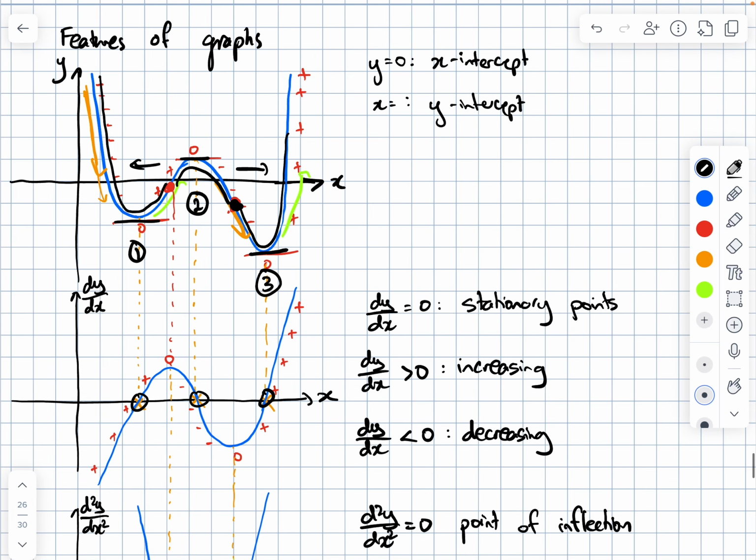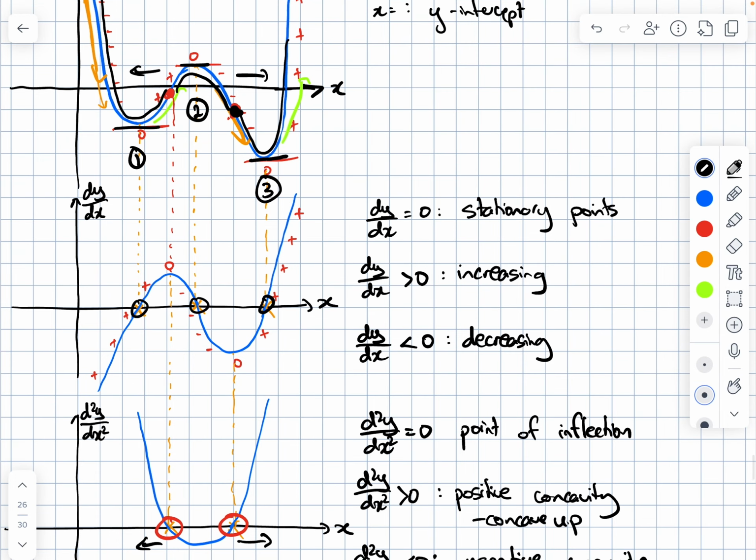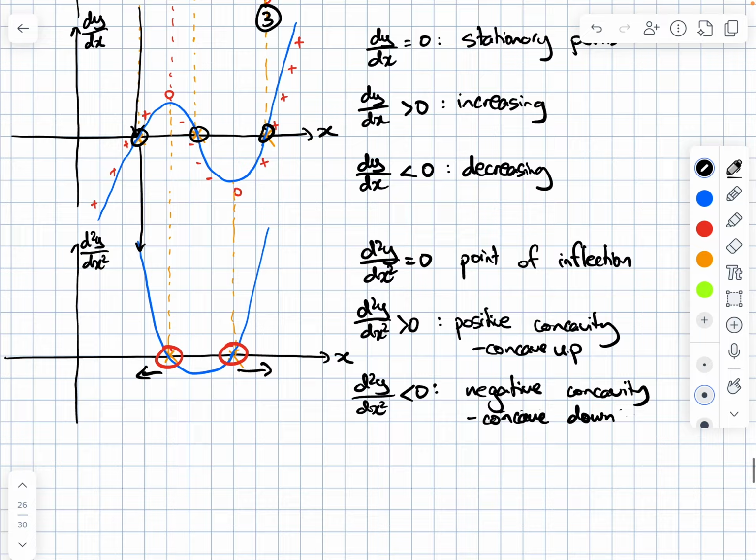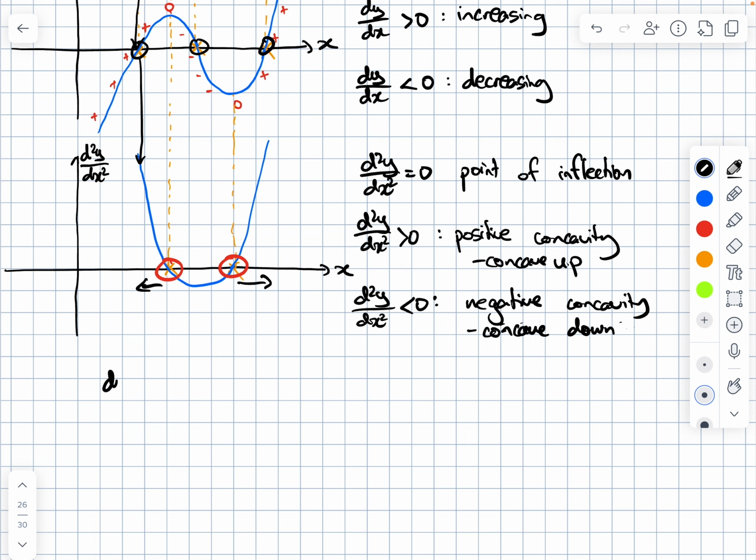The first one is a minimum because it's going down. The minimum occurs firstly when the first derivative is 0, and if we keep going down, we have a positive concavity. So when you have the first derivative equals 0 and the second derivative is greater than 0, that gives a minimum.